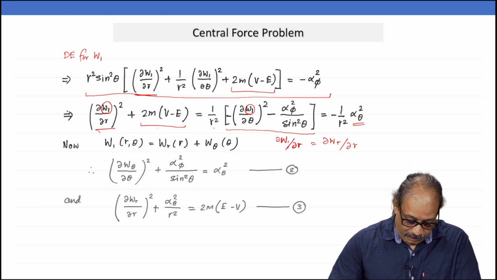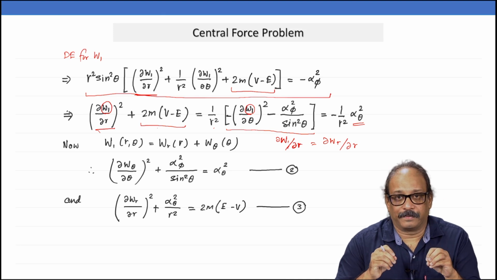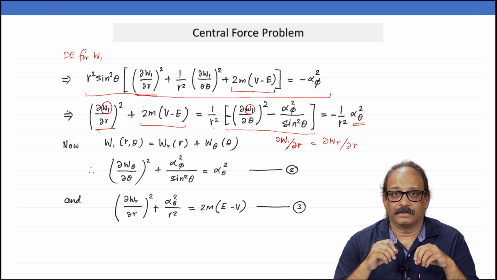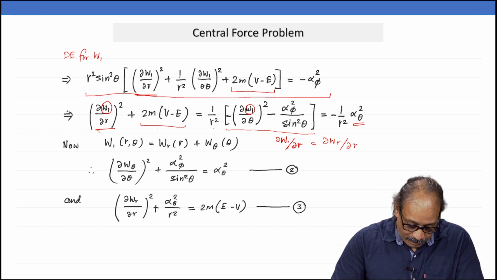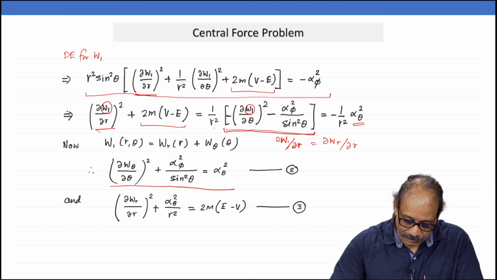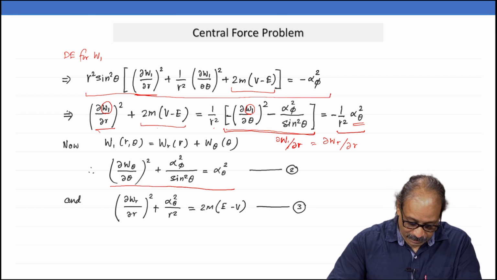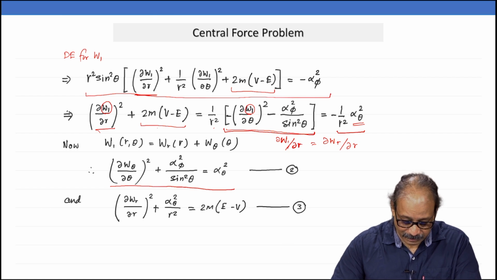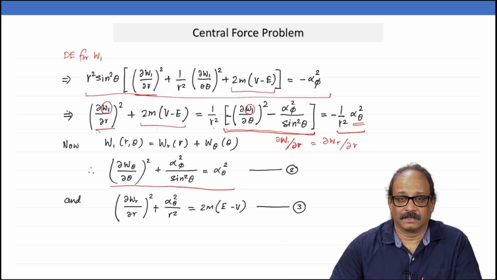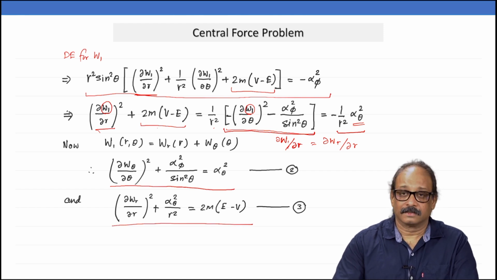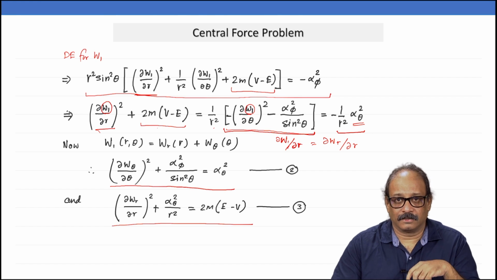Okay. Now, you can separate this particular Hamilton-Jacobi equation into two parts. One is for the right hand side. So, the right hand side is equal to the constant, that is partial of W theta with respect to theta squared plus alpha phi square divided by sin square theta plus alpha theta is equal to alpha theta square, and the same for r. So, I have rearranged them in a neat, nice looking form.